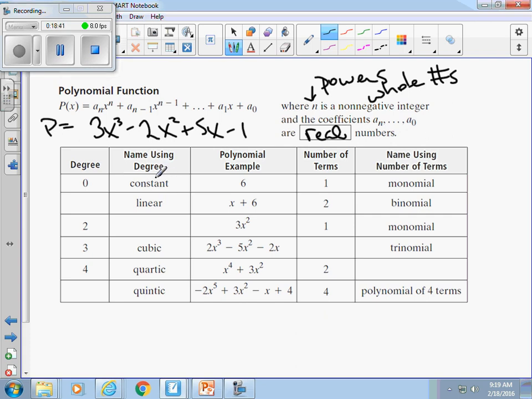The degree, what is the degree from your other work you've been doing? Good. What is the degree from your toolbox work? The biggest exponent. So we can name it by the biggest exponent, or we can name it by how many terms it has.